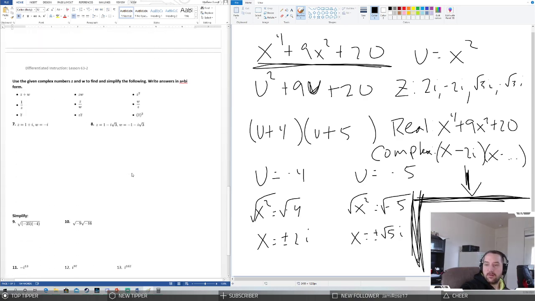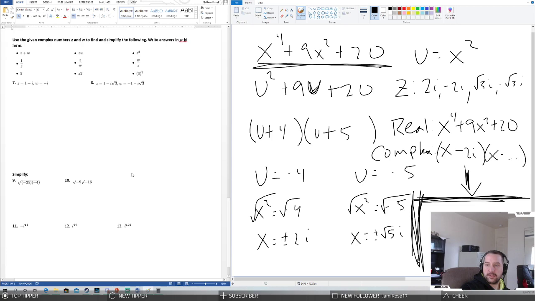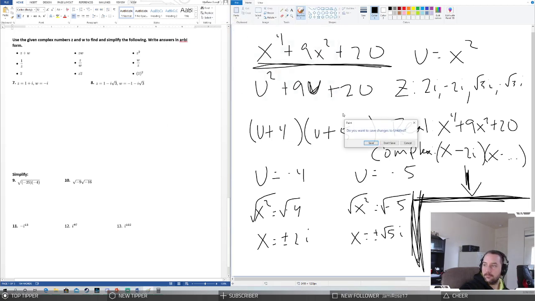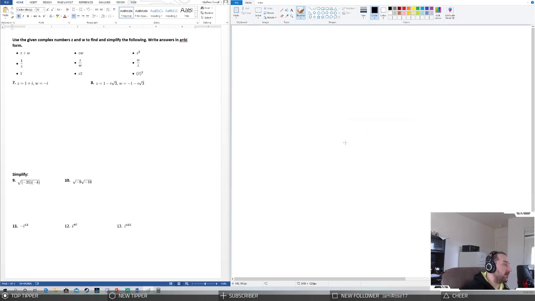So I'm just going to go ahead and move on. These are going to be very similar to what we practiced and worked on yesterday. And if you ever come across any of the questions on those, just remember, Discord, send me a question. But I'll do number 8. Number 8 looks interesting.